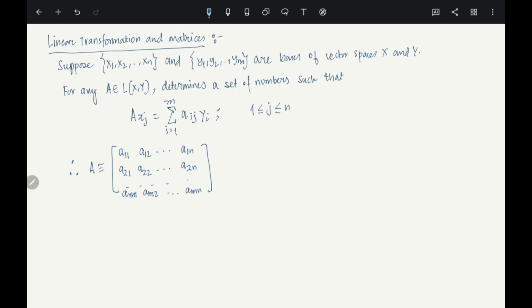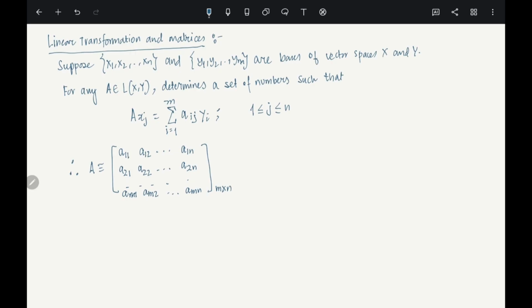So this will be your m cross n matrix. Essentially, if you have a linear transformation A from X to Y, then A can be visualized as a matrix, an m cross n matrix.